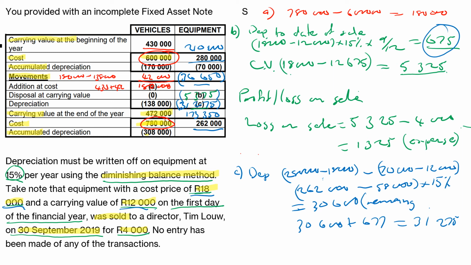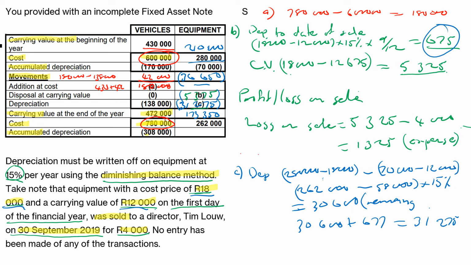Then my accumulated depreciation at the end, there's a little bit of work that you need to do for accumulated depreciation at the end for equipment. Remember, we need to remove everything that pertains to accumulated depreciation.